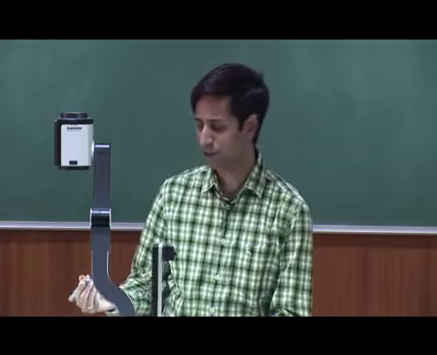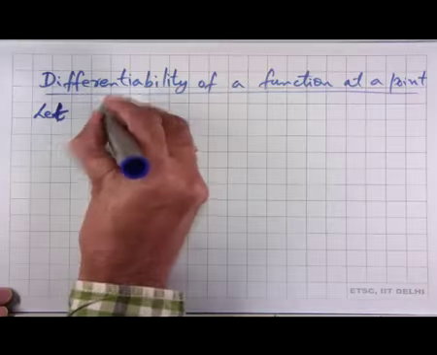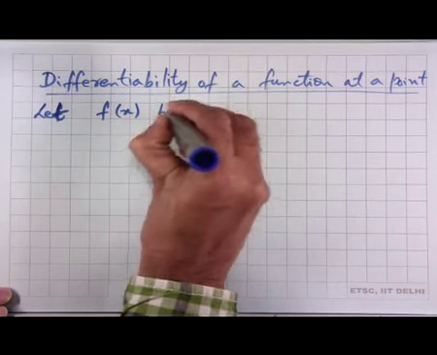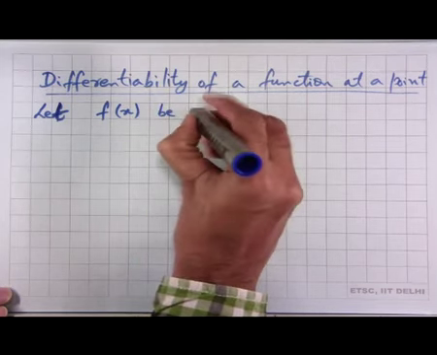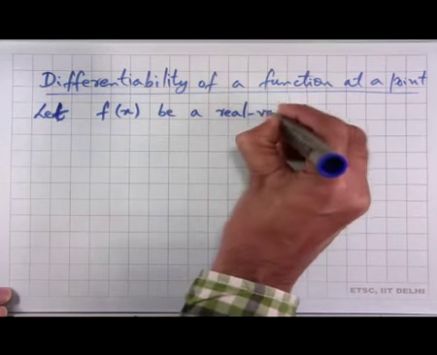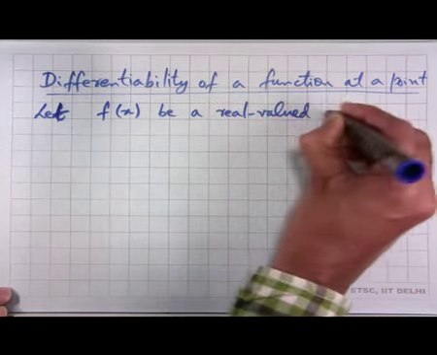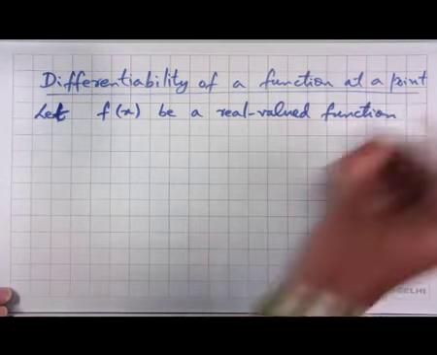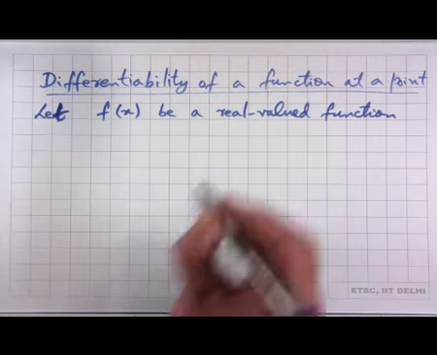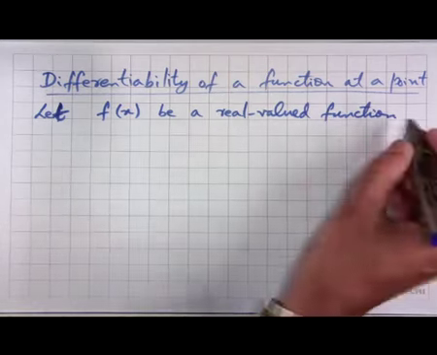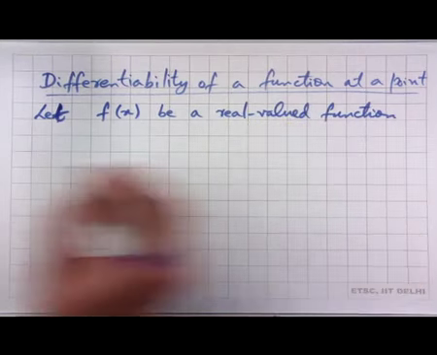which is differentiability of a function. So, let f of x be a real valued function, which means that the range of the function is a subset of real numbers.